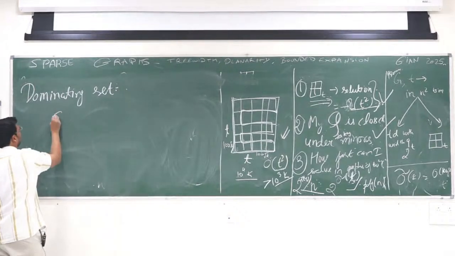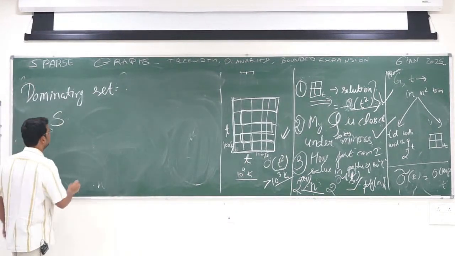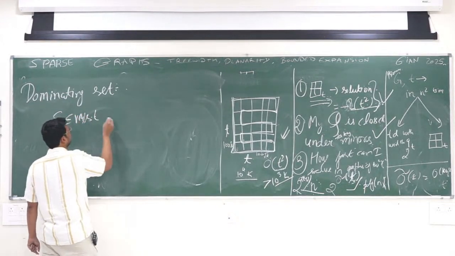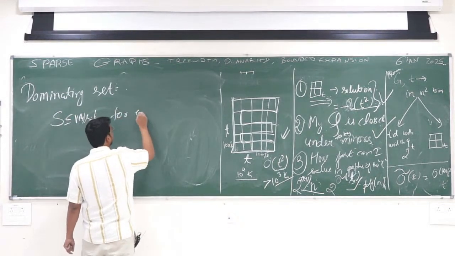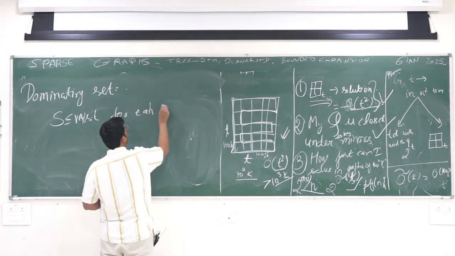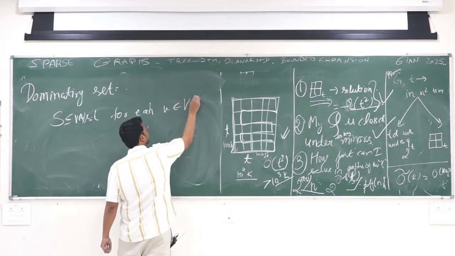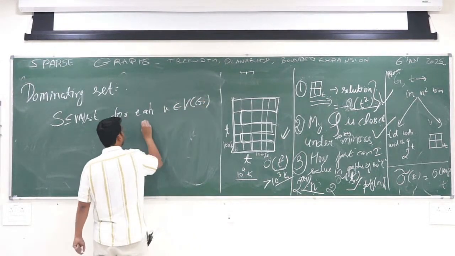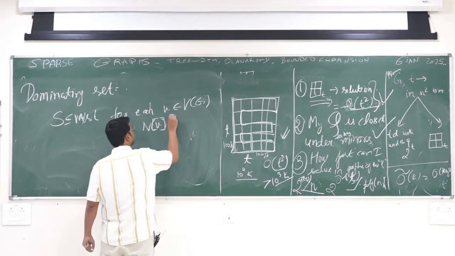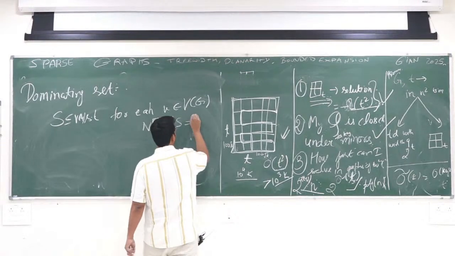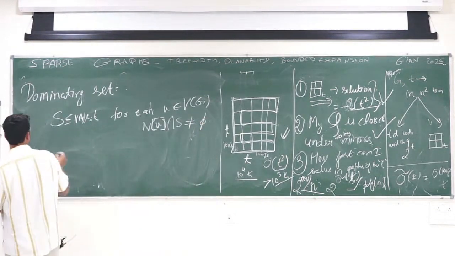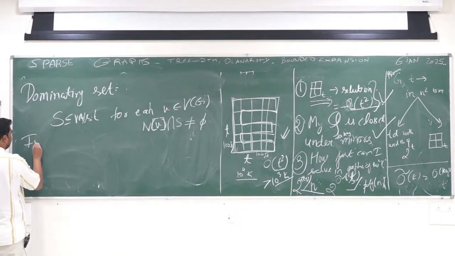I want to find a set of vertices S, a subset of V(G), such that for each vertex v of G, the closed neighborhood of v intersects S. Okay, so this is dominating set, and similarly we have independent set.